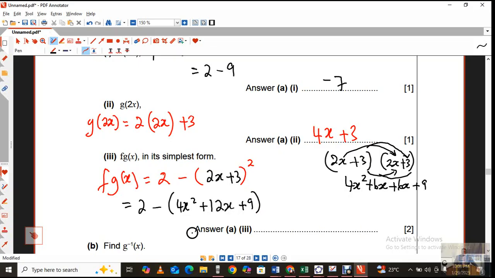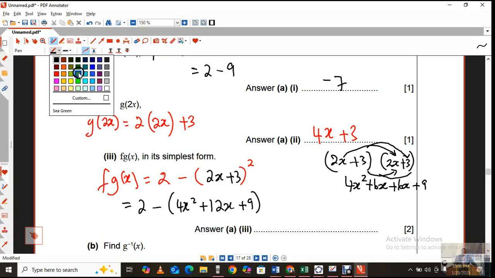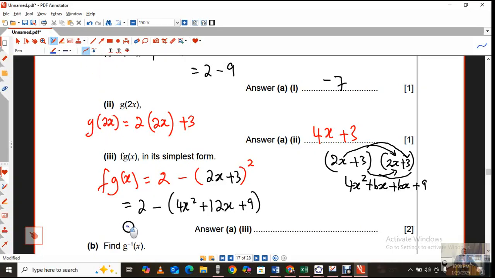So I am not done, because there is that concept of the minus. If you continue and remove the bracket, you will see that I will have 2 minus 4x squared, minus 12x, minus 9. This negative is going to change everything, it is this negative times everything in there.